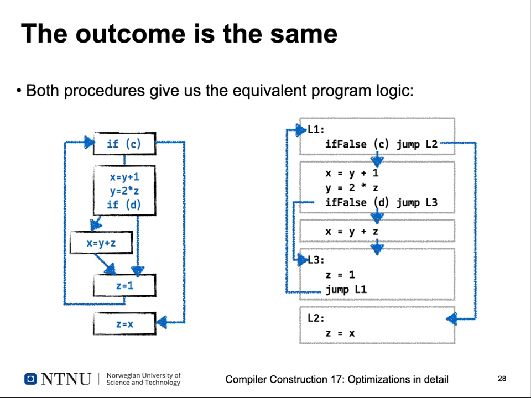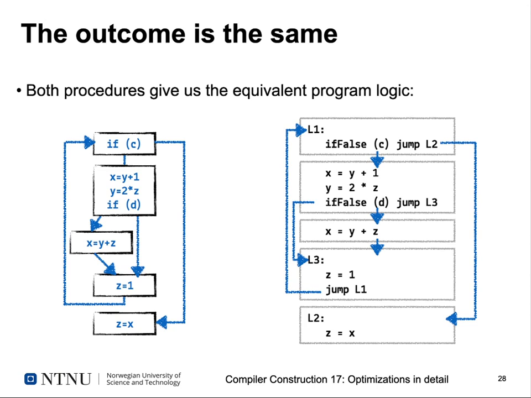And of course, we said initially that the meaning of the program must not be changed, and so it's no big surprise that the outcome of doing this analysis from a syntactical analysis, constructing the control flow graph, or from an IR representation, constructing the control flow graph again, is the same. So both procedures give us an output which represents the equivalent program logic.